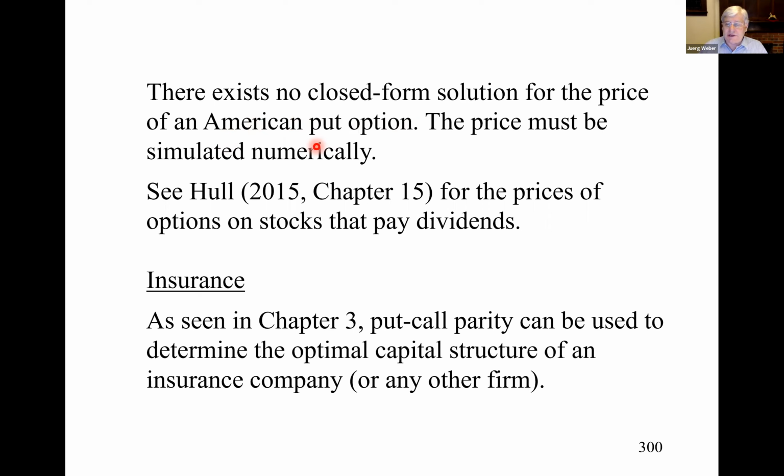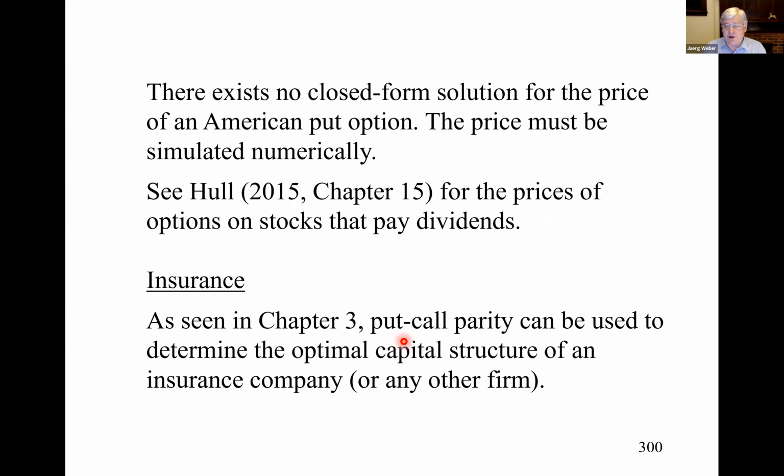And then everything changes again if you also consider dividends. That's also in the Hull book. Again, you have new sensitivities, new formulas, a lot of formulas here, but you can look it up in the Hull book if you need it. As I said before, we have done this already in chapter 3 with insurance.